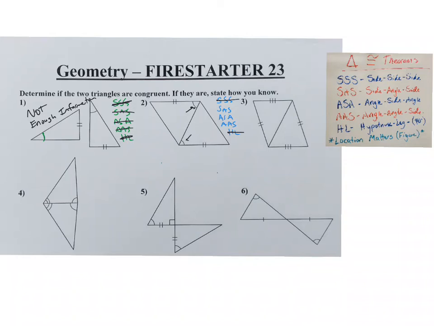I see one side congruent to a side. So I got to figure out, is there another way to just look at the picture without being given any information and figure out a side or an angle? Well, I don't see vertical angles, so there's no way it can be angles. So I got to hope I can figure out another side. Well, that's reflexive property. I don't need to be told anything about it. I can see reflexive property. So this one is side, angle, side.